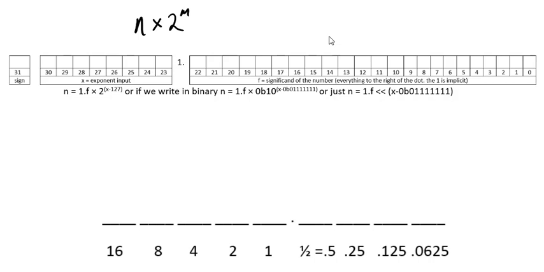Now, the thing that's interesting here is if you write 2 in binary, that's going to be 1.0, right? This is binary. So it's kind of cool because it has that hook into scientific notation.